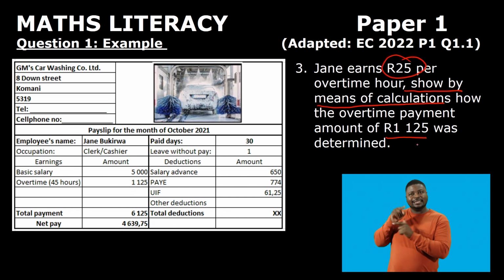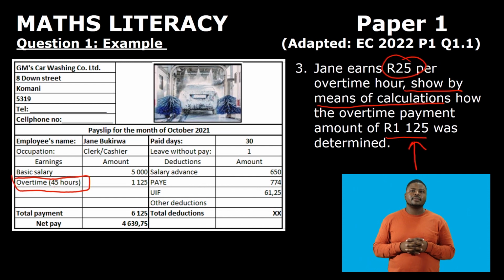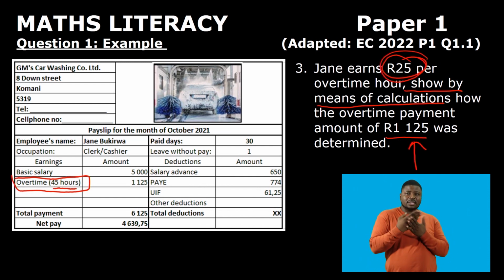And then what is important is for you to remember that the 1,125 isn't supposed to appear anywhere in your calculations. So if we look at the overtime hours, we will see she worked 45 hours at a rate of 25 Rand. So you need to multiply the hours by the rate.